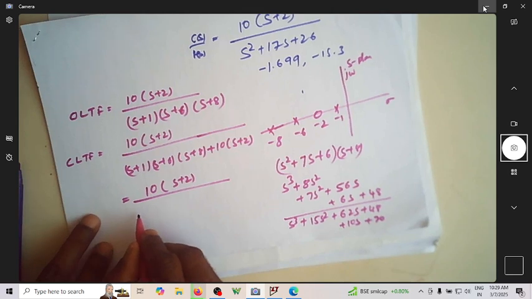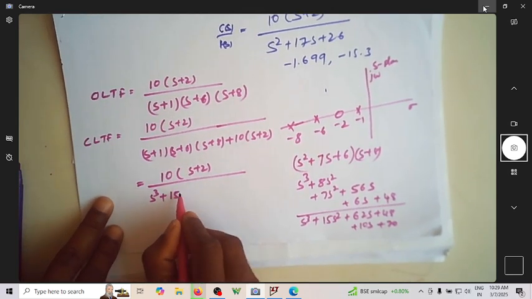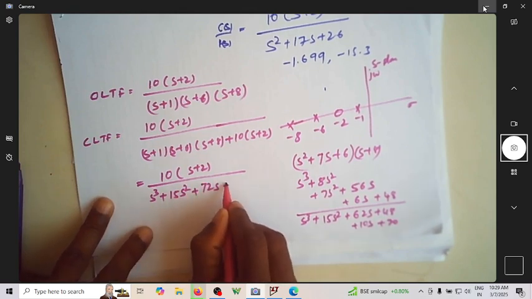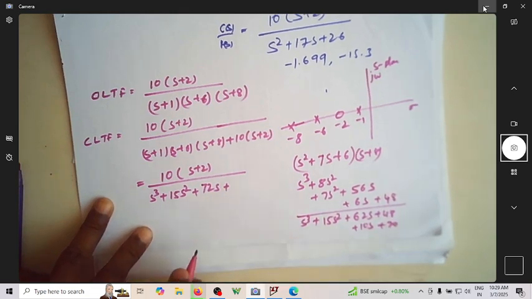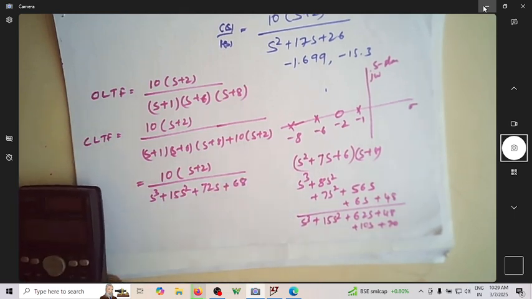So this is s cube plus 15s square plus 72s plus 68. Let me find the roots of it.